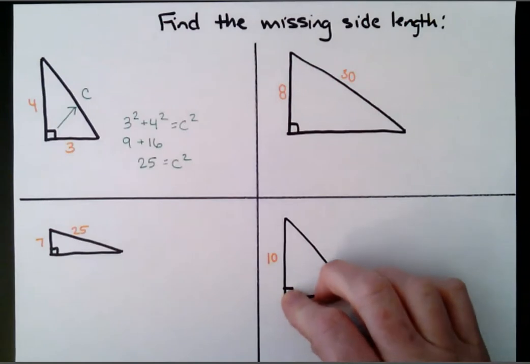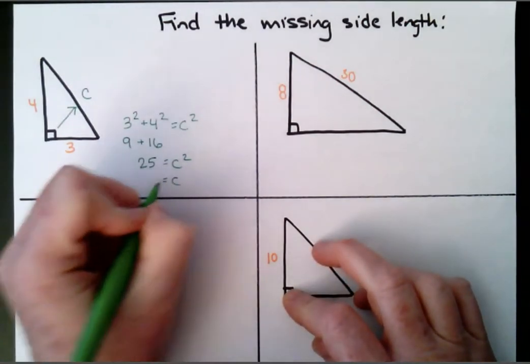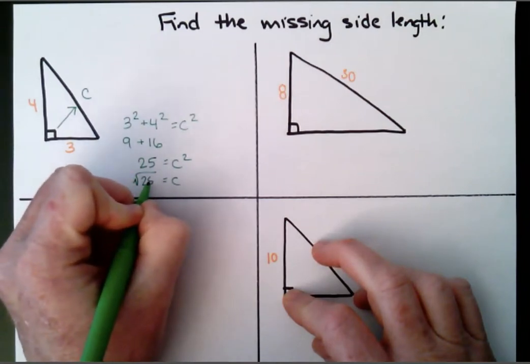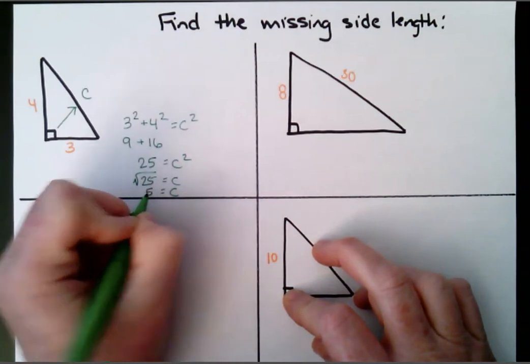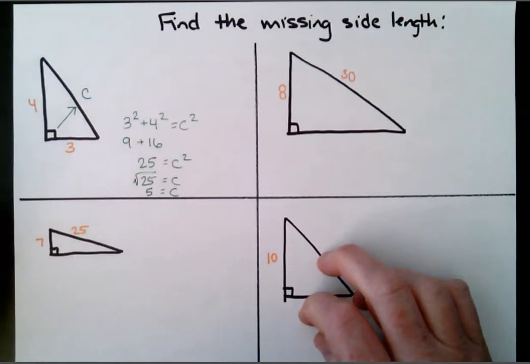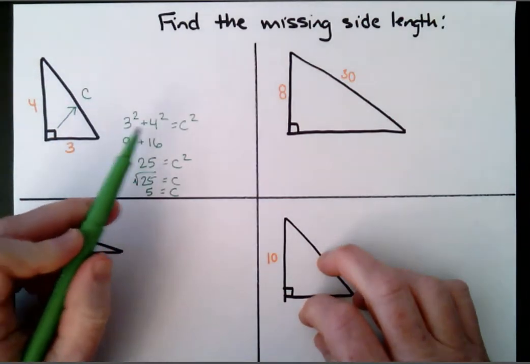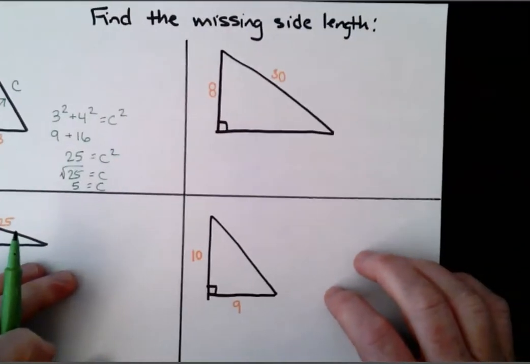So what is C? C is the square root of 25. And we know that the square root of 25 is 5. So C is 5. Notice that 3 plus 4 does not equal 5. It's 3 squared plus 4 squared equals 5 squared. Let's take a look at the next one.